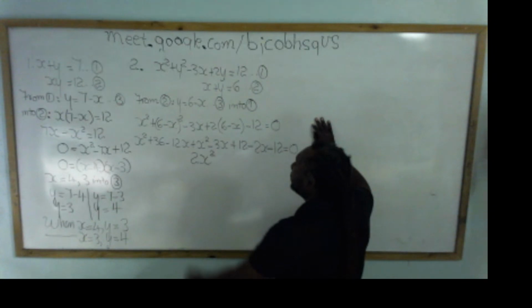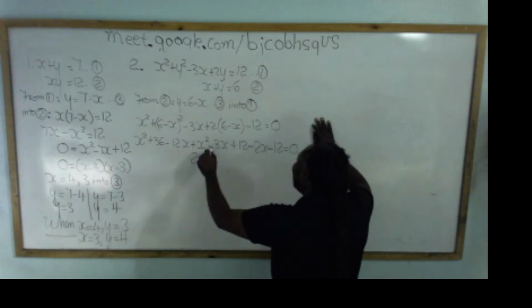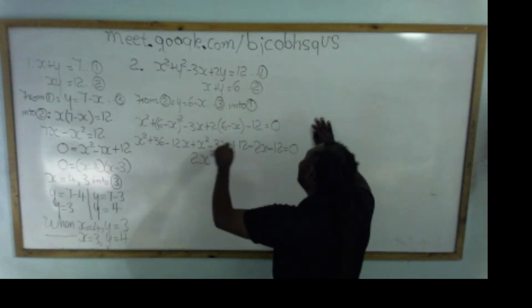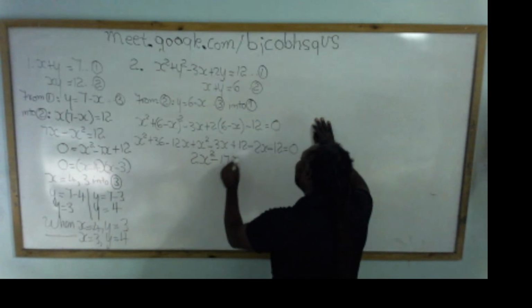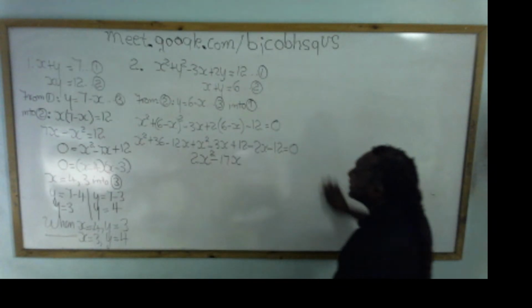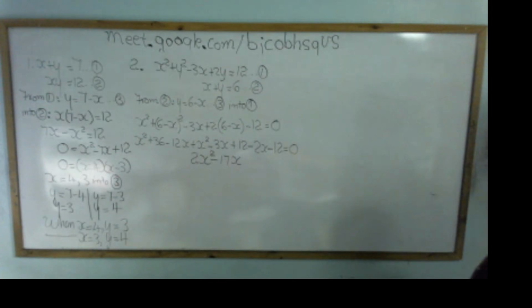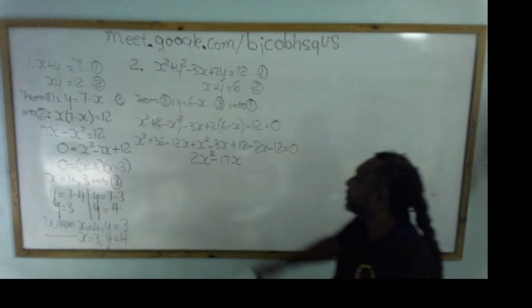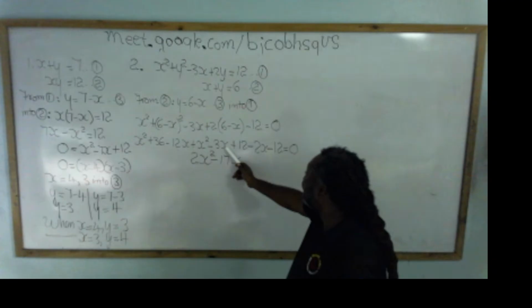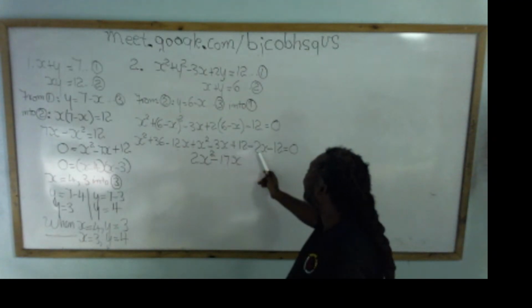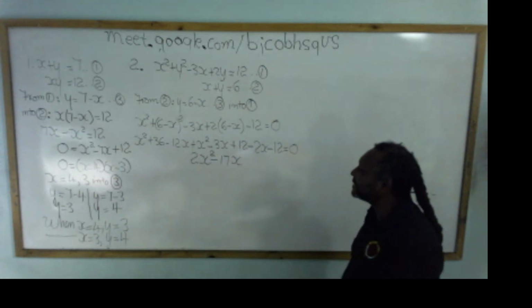We have a negative 12x, a negative 3x, and a negative 2x. Putting all of those together, we'll get a negative 17x.